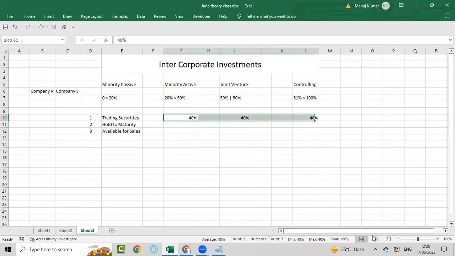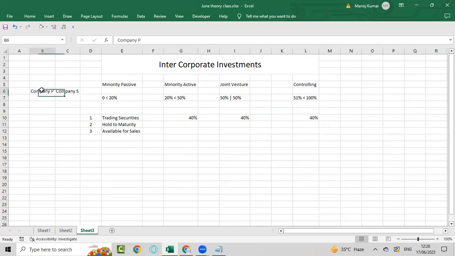So the percentages are not necessarily the right way to decide which type of investment it is, right? It is just a guidance that this is what should happen. Like if you have 60% stake, it is definitely a controlling investment, but not necessarily. So another important factor which will decide what kind of category it is, is influence. Influence of company P in company S will actually decide whether it is minority active or joint venture or controlling.